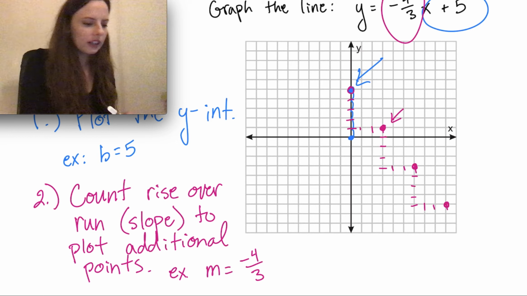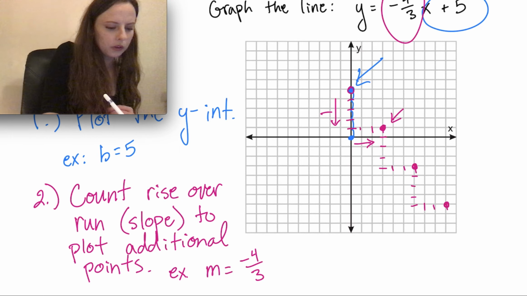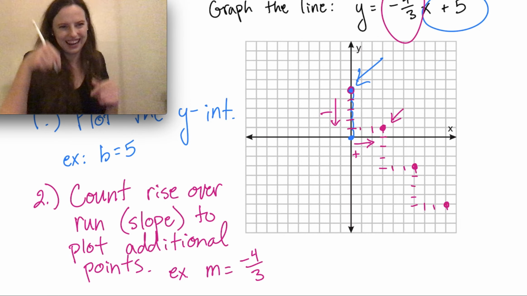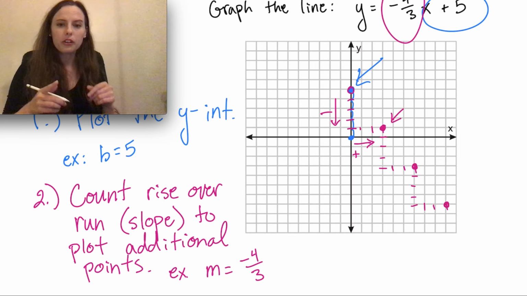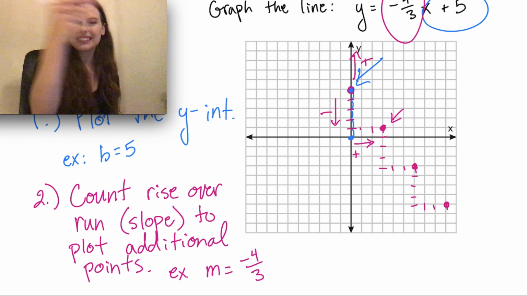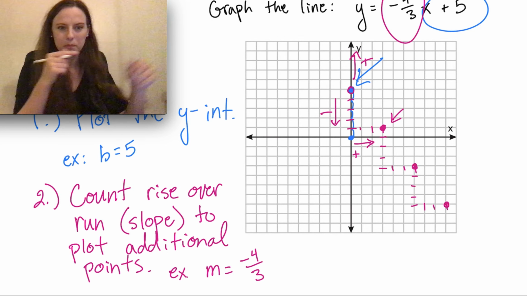Now, I'm going down, which is a negative direction, and right, which is a positive direction. Down and right, down and right. I could also go up, which is positive, and then left, which is negative. So I just want to show you, you can go in both directions.